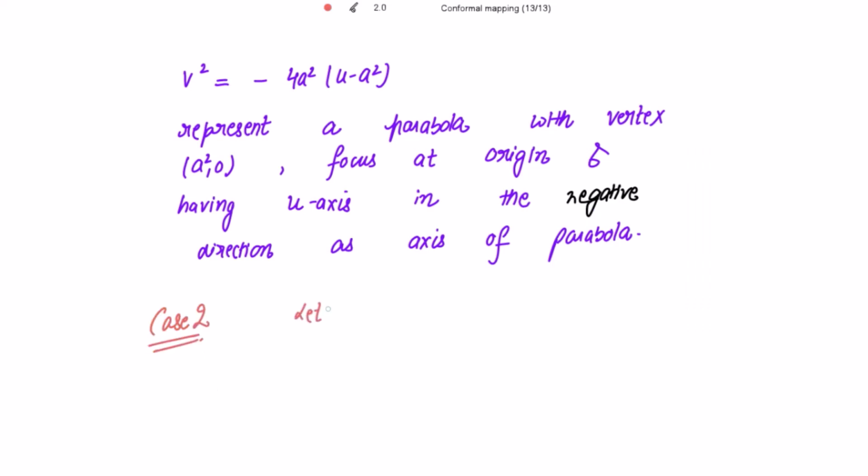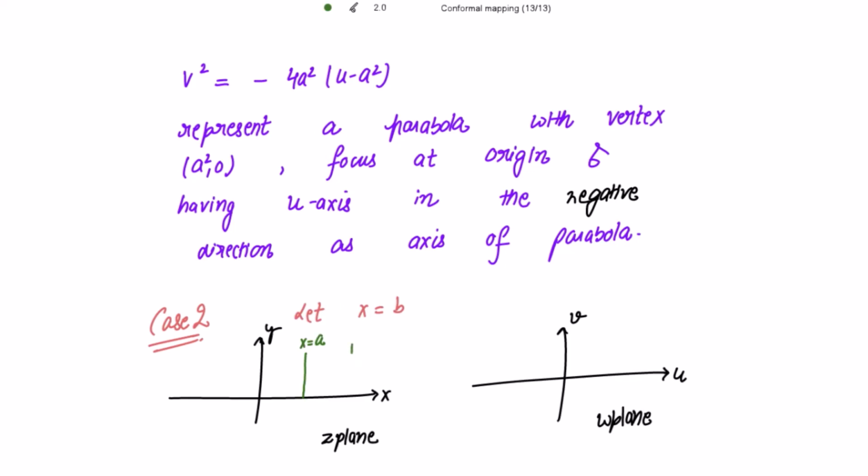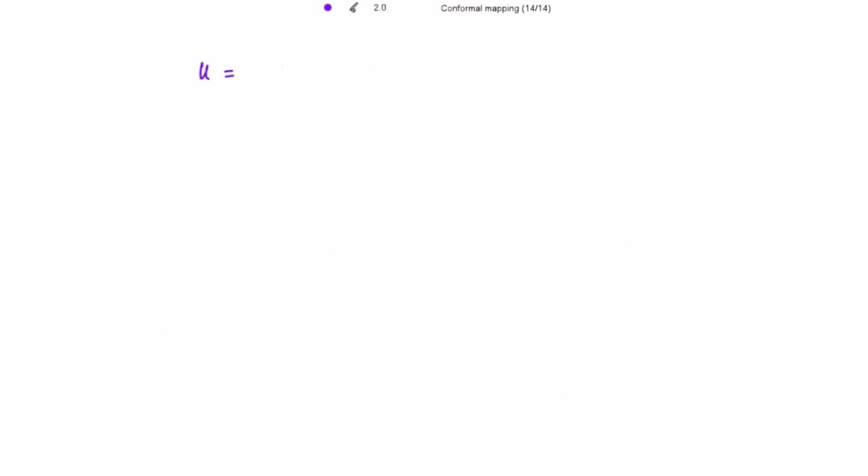Where we are taking x to be equal to b. So if I take x equal to b, that is the line parallel to the y-axis, let's check what image we get in the w plane, right? u equal to x square minus y square, and for x equal to b, we get u equal to b square minus y square.